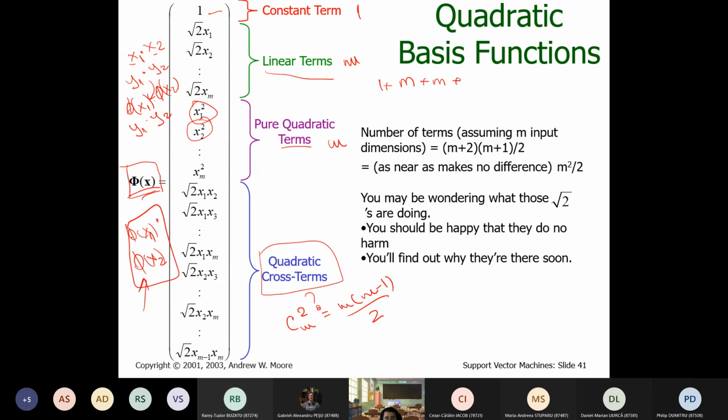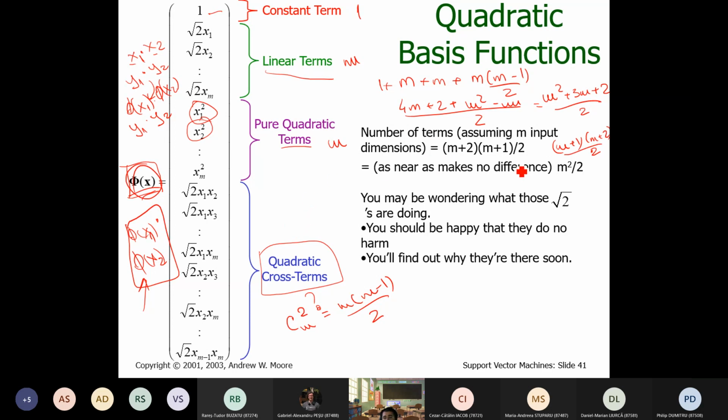So right, yeah. If we compute the sum of all the terms, it's 4m plus 2 plus m squared minus m over 2. So it will be m squared plus 3m plus 2 over 2. This is m plus 1 times m plus 2 over 2. And this is the number of terms in the basis function of x.